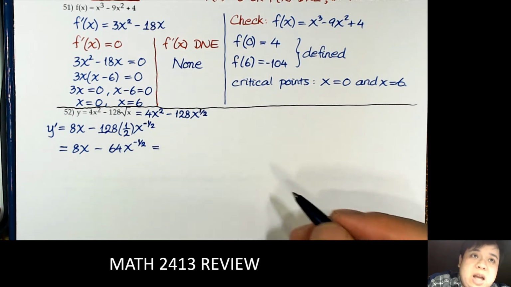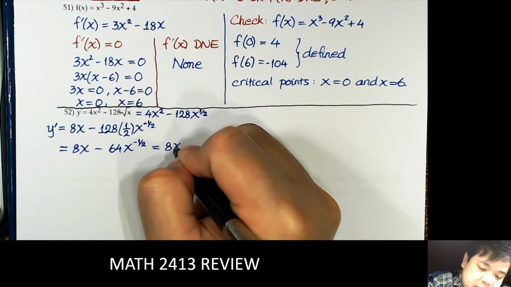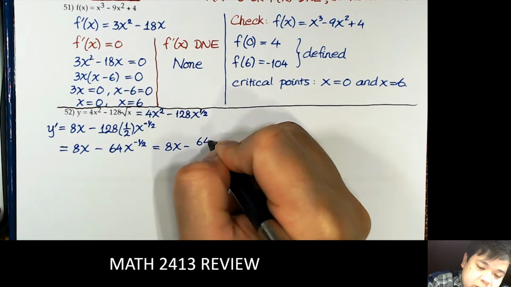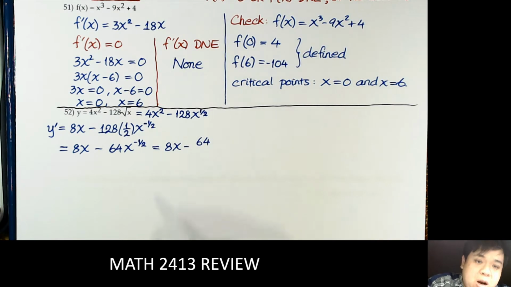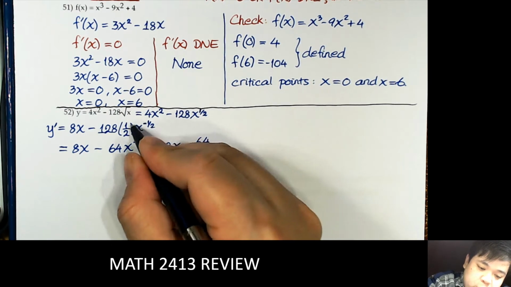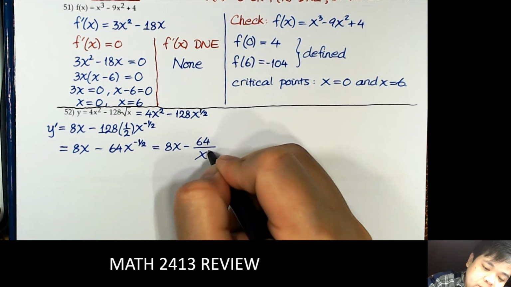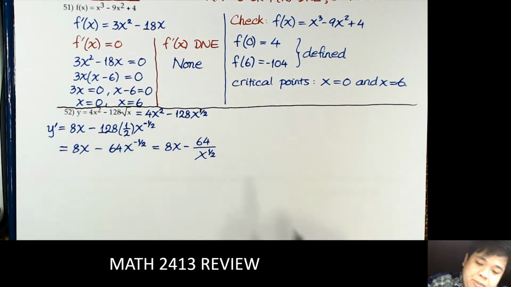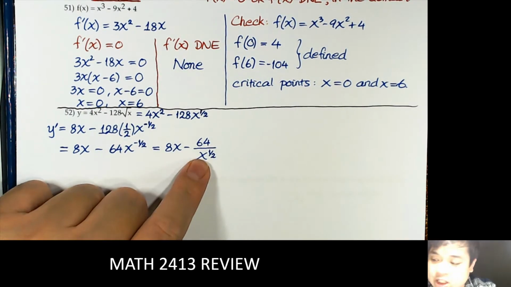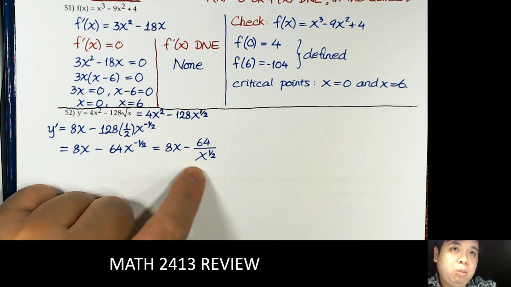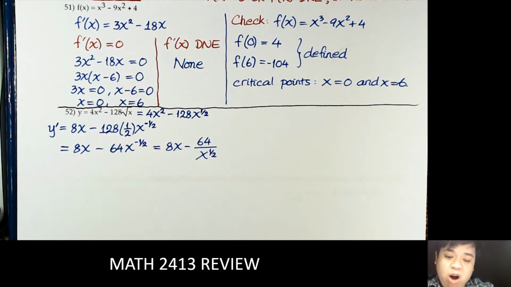Let's rewrite this as 8x minus 64. We have x to the negative 1/2 power, so move it to the bottom, and it becomes positive. Right, so we have a denominator, so we need to combine the whole thing into one big fraction.